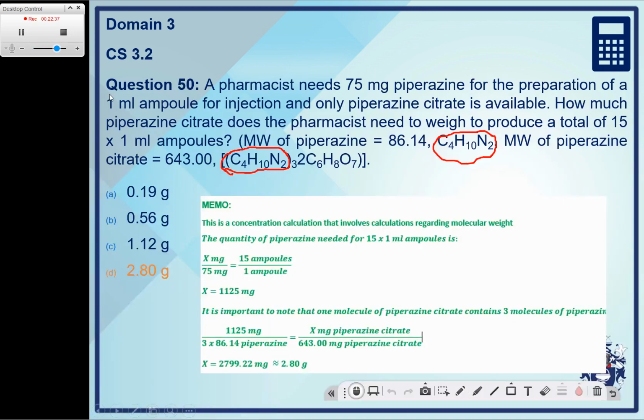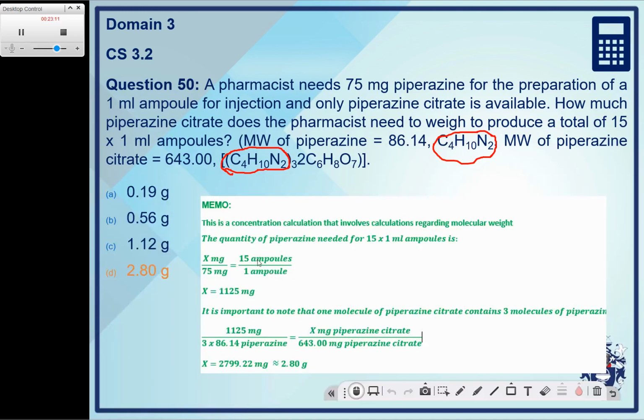First off, you have to prepare ampules of 1 milliliter. You have to prepare 15 of these ampules, and each of these ampules needs to contain 75 milligrams of piperazine. So there's different ways in which you can approach the calculation. The way that's illustrated here is to start off and say we need 75 milligrams, and I've written it there, for each ampule.